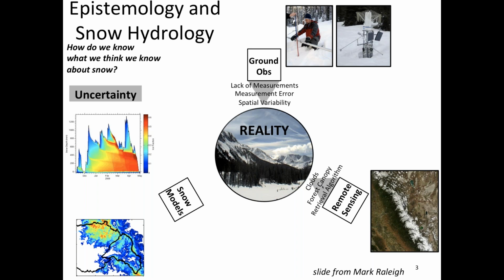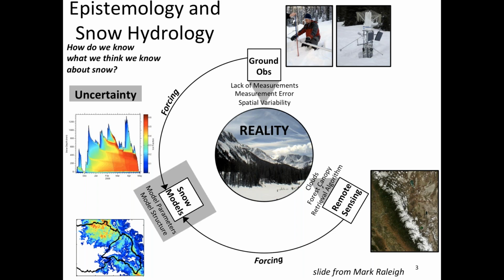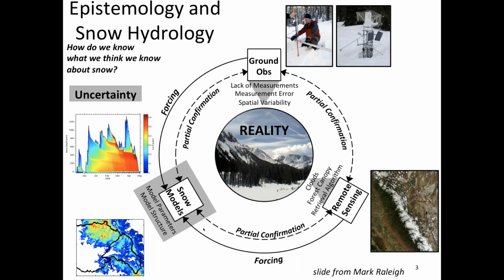Now these both give us the forcing for our snow models, where it tells us what the weather is, how much snow fell out of the sky, for us to start modeling the snow. And then once we have that, our snow models themselves have model parameters and model structure choices we have to make within the snow model. And then when we're trying to figure out whether our snow model is correct, we again are left with these 3 things.